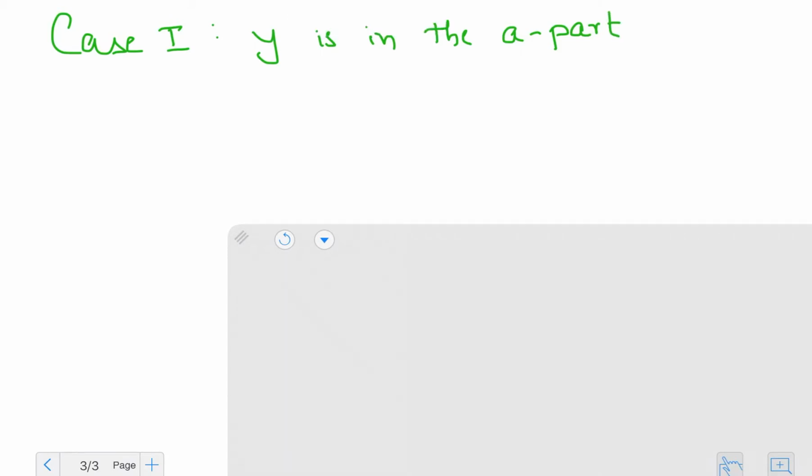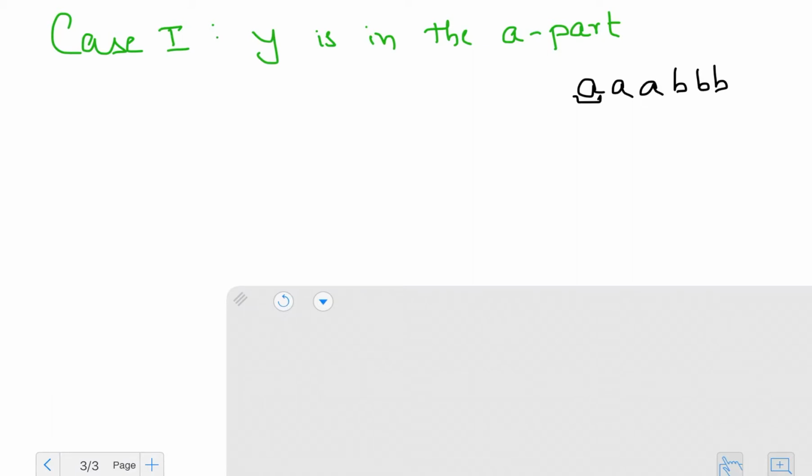So what that means is that the a part is now split into x, y and z as well. Z could also be in the a part because consider this. Let's say I have a, b, b, b. I could say that this is x, this is y and this is z. So that's still valid. So all I'm saying is that y is in the a part.